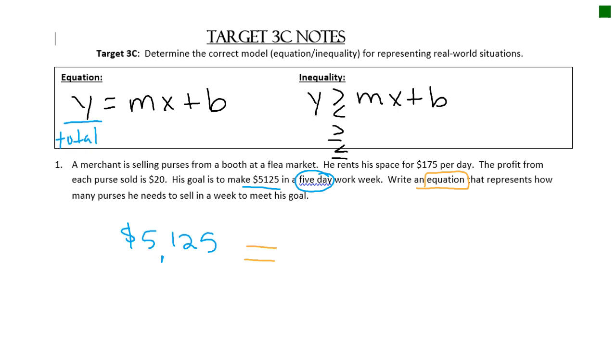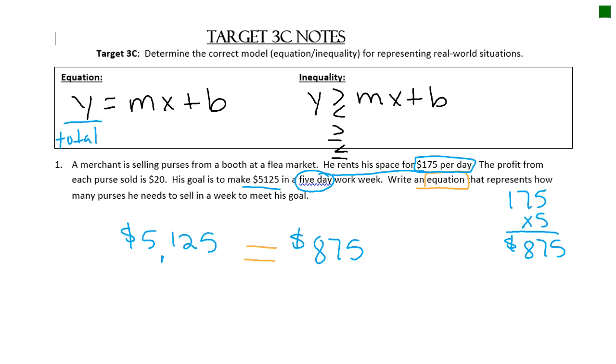He rents his space for $175 per day, but they already told us how many days, 5 days. So guess what you have to do? You have to multiply. How much is 175 times 5? You get 875 for the 5 days. Because remember, his goal is to make that in 5 days. His space rental will be $875 for the 5 days.